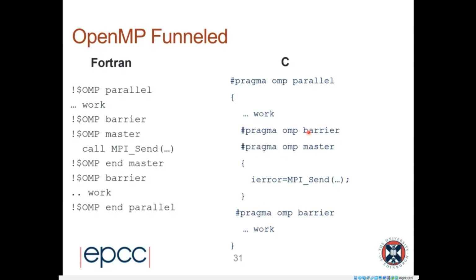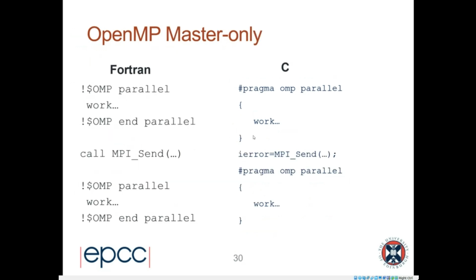You need a barrier before and after the master. Well, in fact, there's effectively a barrier in this. The end parallel is a barrier. You're not going to go onto this until all the threads have finished, but that's done automatically by the OMP parallel, end parallel. This spawns the threads, forks the threads, they join here, and there's effectively a barrier.